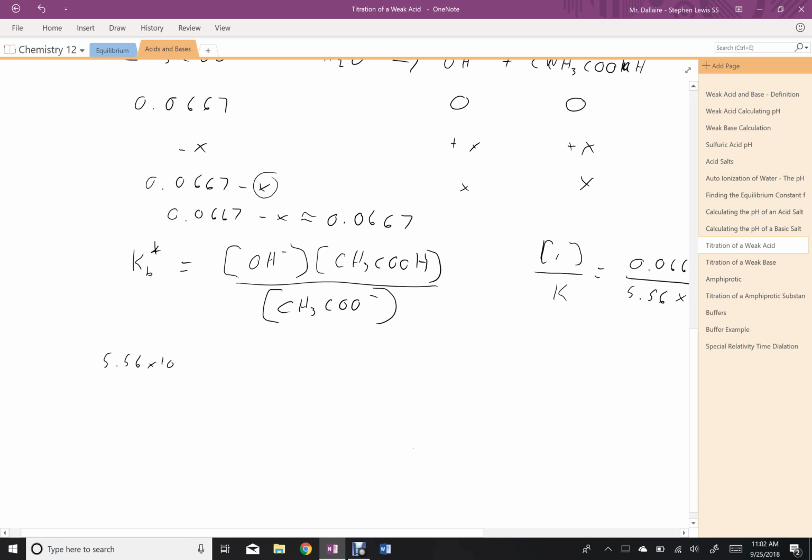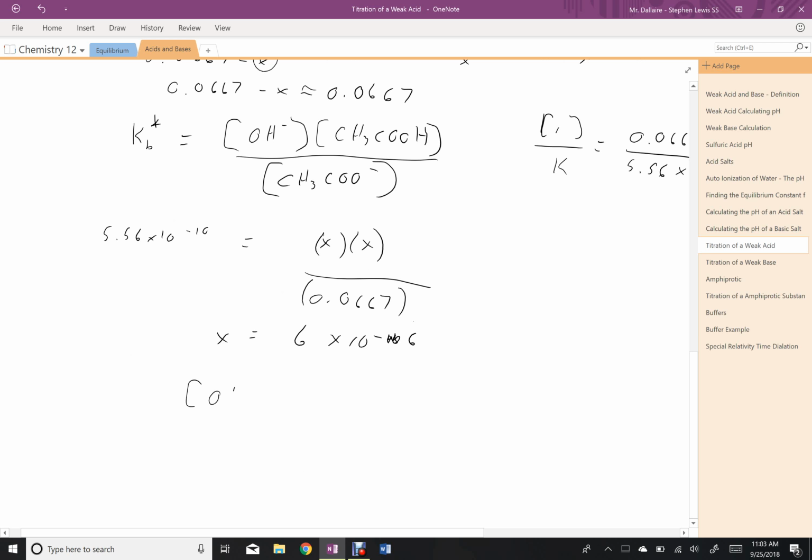5.56 times 10 to the negative 10 equals x squared over 0.0667, where 0.0667 is the initial concentration of acetate. So doing this, I get an x value of 6 times 10 to the negative 6. Not 16, just 6. And I can recognize that that's equal to my concentration of hydroxide.